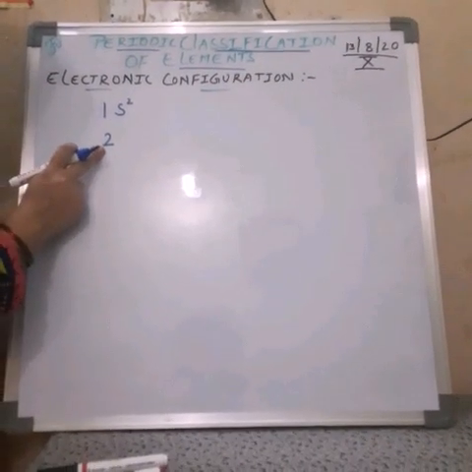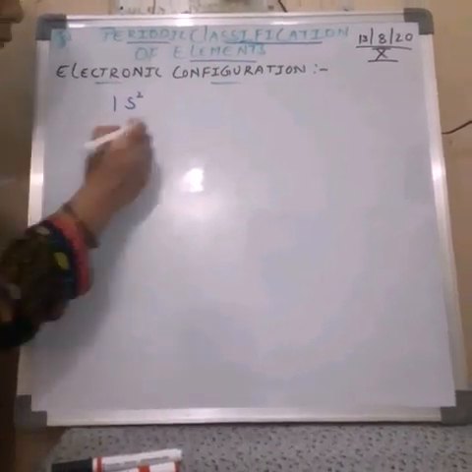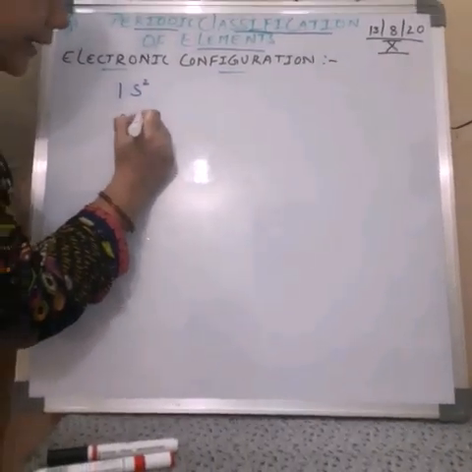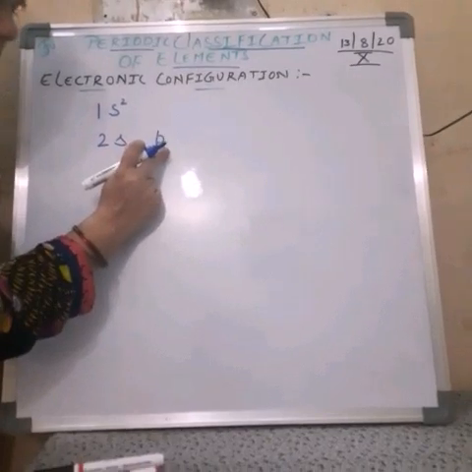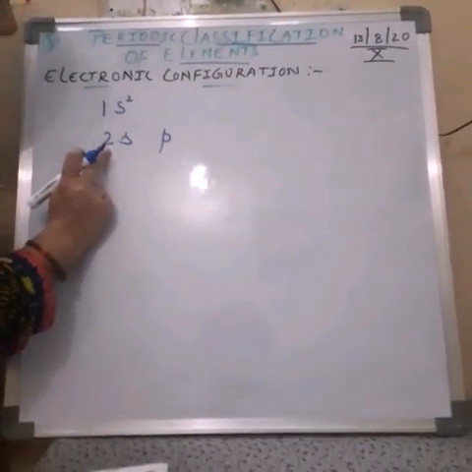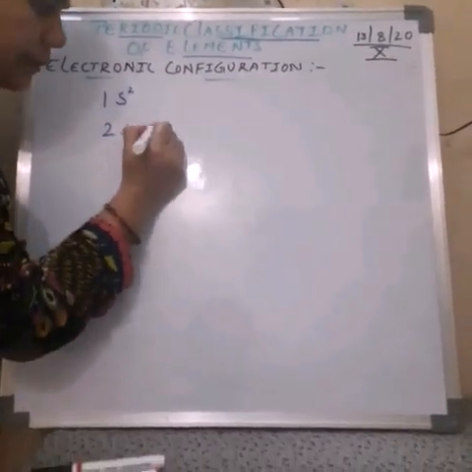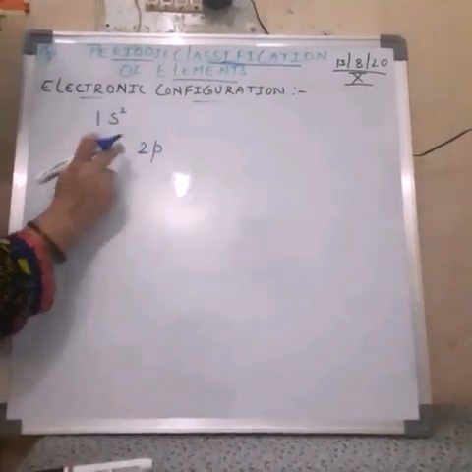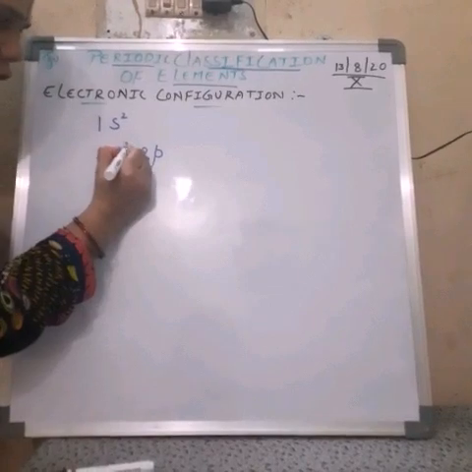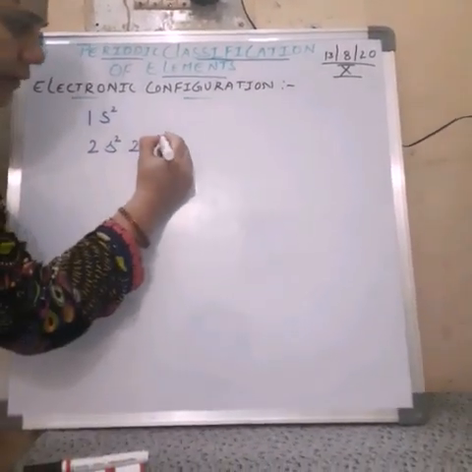This second shell contains 2 subshells, S and P. So we designate them 2s, 2p. S has a capacity of 2, and P has a capacity of 6.